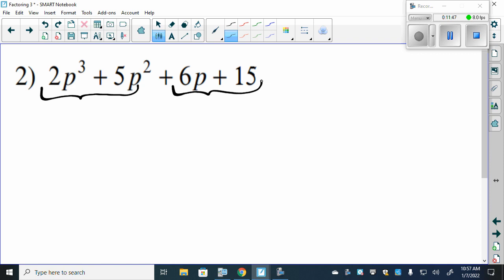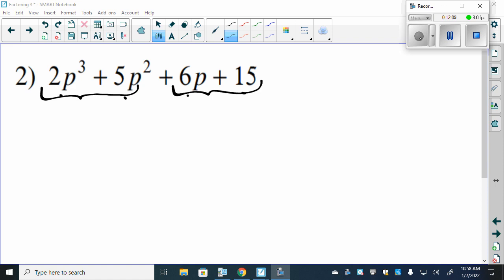Or we can group them in any pair of 2's that we want, because I could have grouped 2p and 6p or 5p squared and 15. But we need them in the same number of pairs. So 4, we're going to do 2 and 2 in any way. We can't have 3 and 1. We need an even amount.